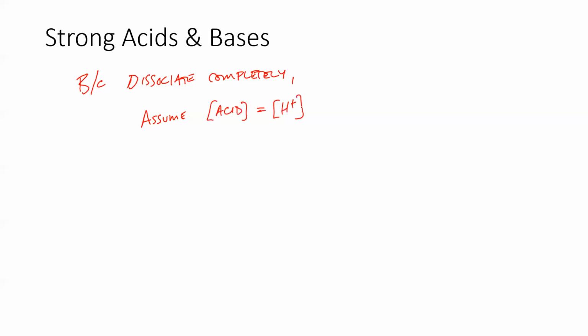We may discover that's not a great assumption later on, but for now, we're going to assume that's true, right? This whole chapter, both of these chapters, I'm going to talk about most things just in terms of acids, but the equal and opposite apply to bases, right? Assume the concentration of base for a strong base is equal to the concentration of OH minus.